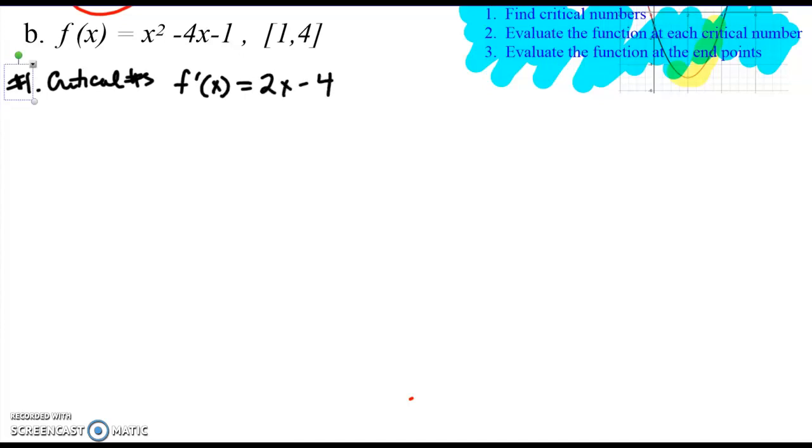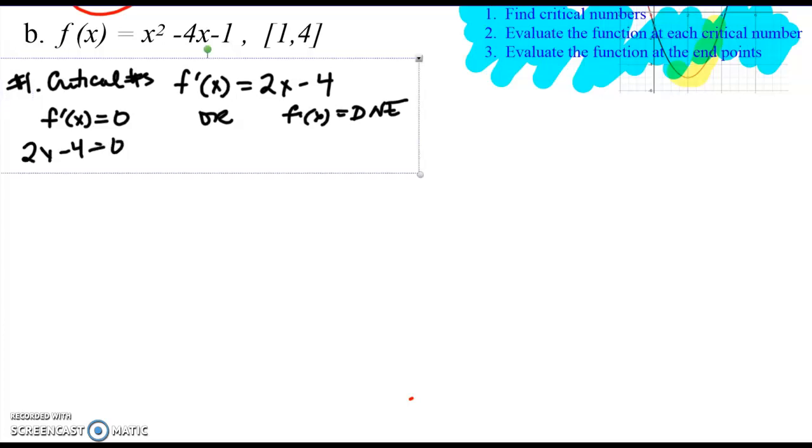Critical numbers happen when the derivative is equal to 0 or when the derivative does not exist. So when will this derivative be 0? Well, 2x minus 4 equals 0. If I bring the 4 over and divide by 2, I get x equals 2. Okay, there's one critical number.